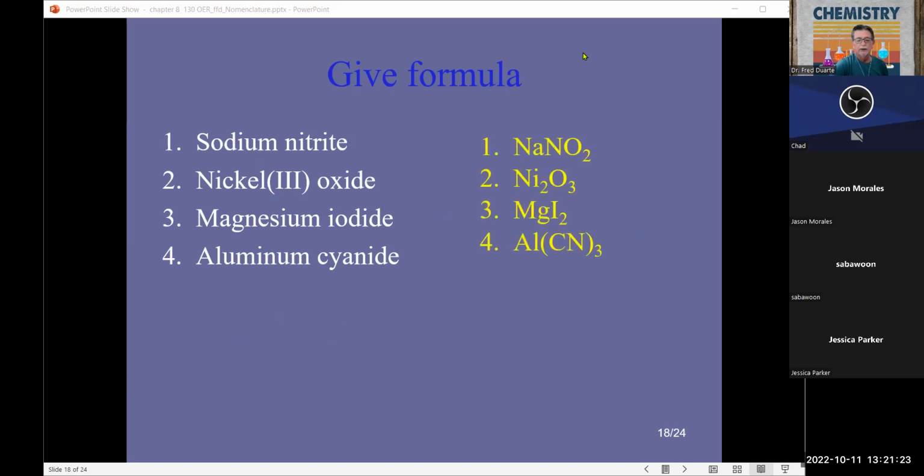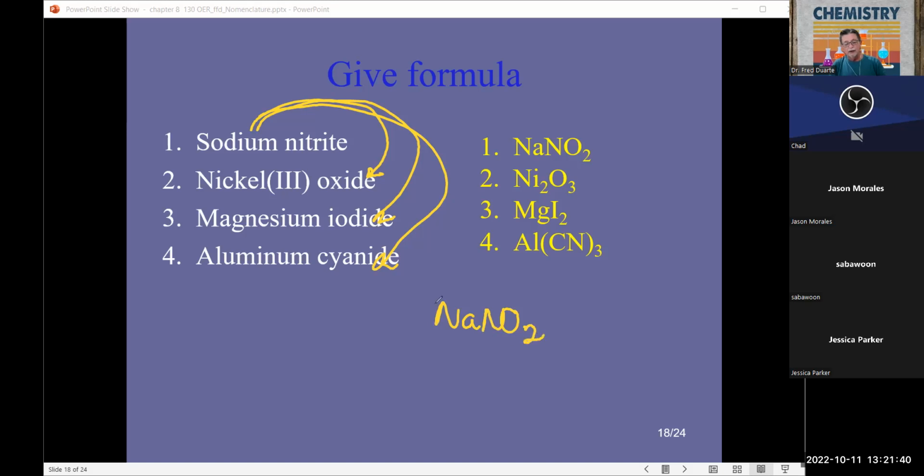Also, again, remember that you can take the sodium and combine it with the nitrite, sodium with the oxide, sodium with the iodide, sodium with the cyanide. If you did that, that would be sodium nitrite, and then sodium oxide, sodium iodide, and sodium cyanide.